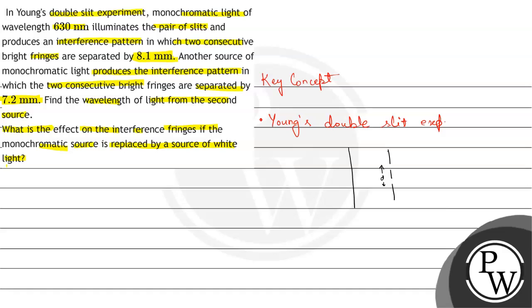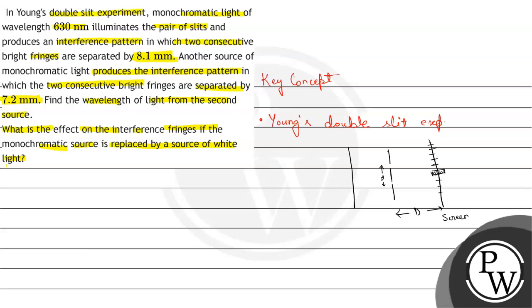wavefront, primary wavefront came, and the slits are kept very small, and hence interference is observed. Due to interference and superposition of the secondary wavefronts, when we place a screen capital D distance apart, this is our screen, then there is a bright central white spot observed, and then there are white spots at regular intervals.